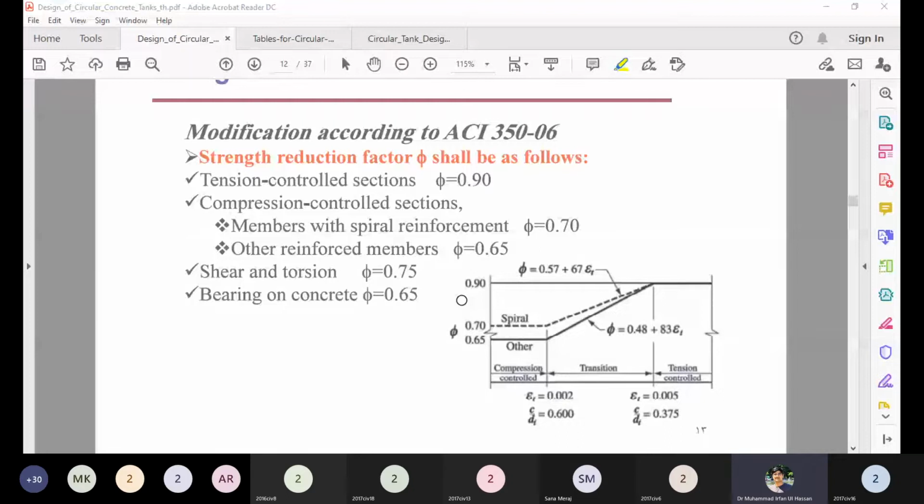If it is a compression controlled section, then the phi is different, 0.7 or 0.65, and when it is a tension controlled section, it is of course larger, 0.8 to 0.9 for the tension controlled section. This phi value is similar to the one used in the beam design.